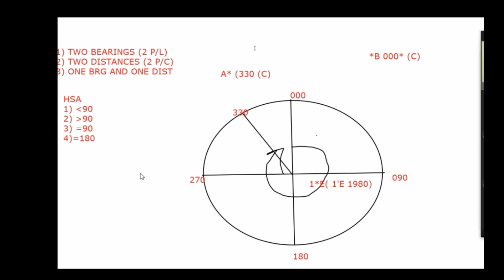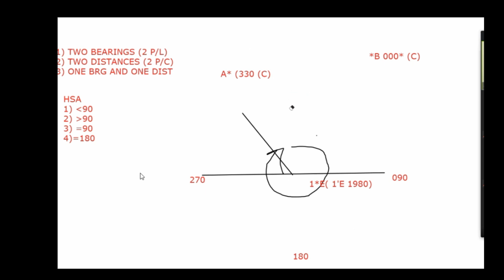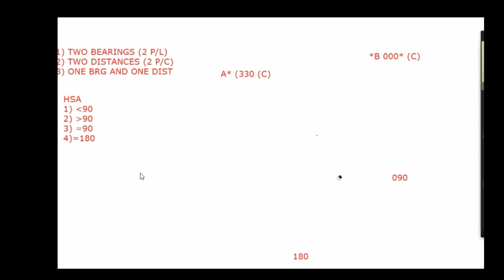So three bearings are taken, and all three are in compass, and the deviation and variation are not known. That means we cannot convert the bearings to true. Now, what is the next step? How to solve it?